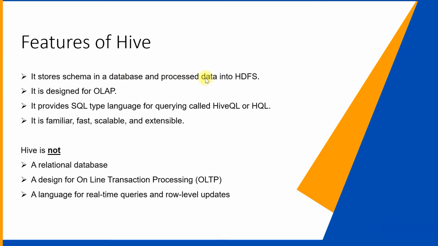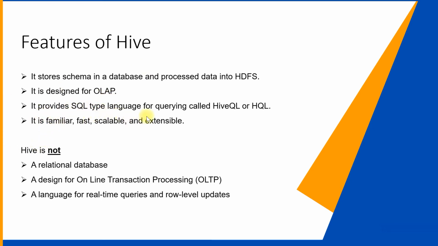And it is designed for OLAP, online analytical processing, like most likely write once and read it many times, right? All those OLAP reports are read multiple times, right? So that's why Hive is meant for or designed for OLAP systems.